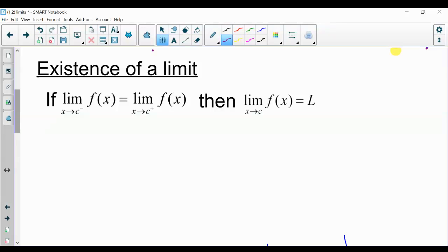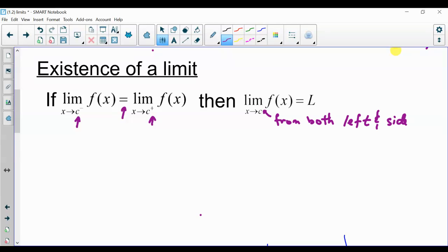For the limit to exist, if the left-sided limit is equal to the right-sided limit, then we say that the overall limit, notice that there is no plus or minus. If you see x approaching some number, call it c, without a sign there, this means that you have to give me the answer from both sides, the left side and the right side.